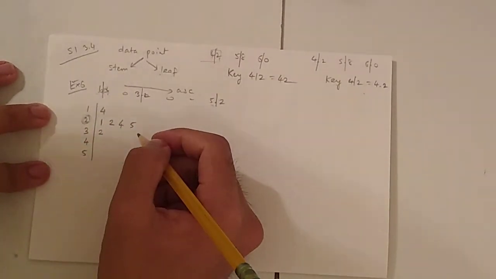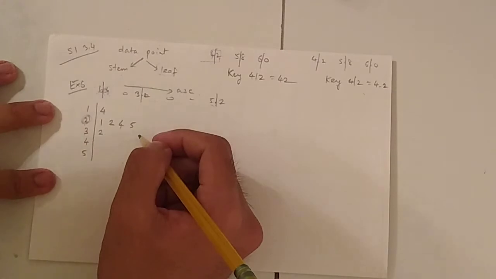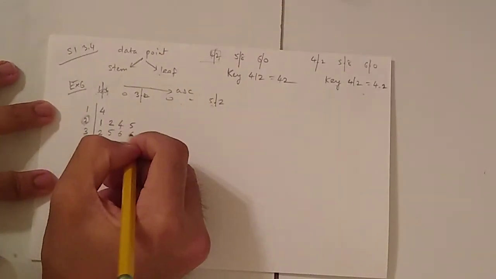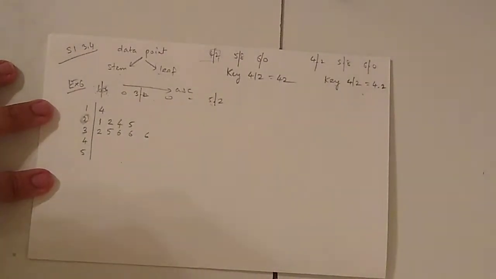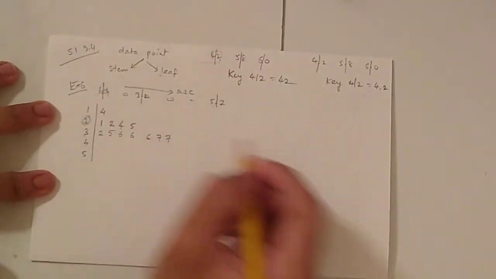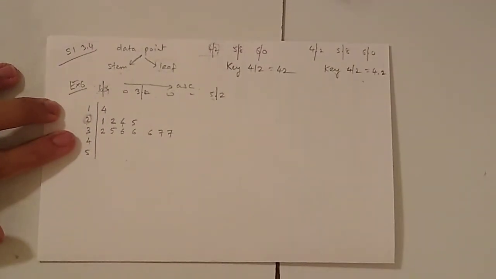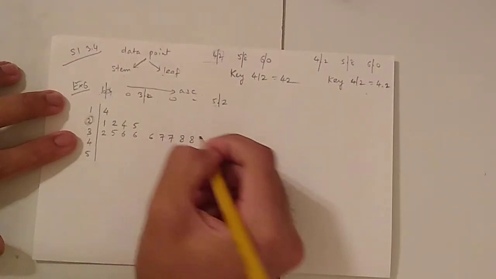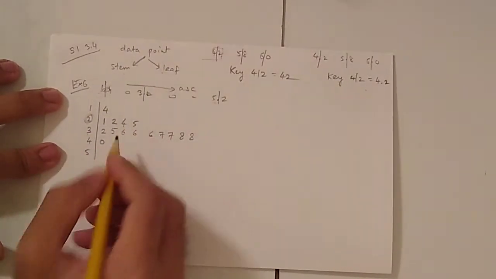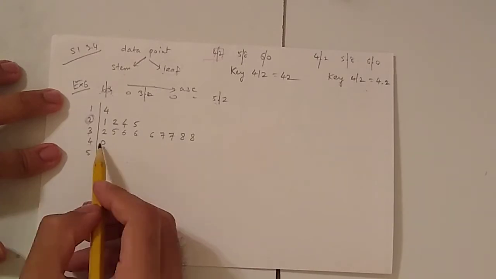Then you have 3.5, and 3.6 three times, so 3 is the stem, 6 is the leaf. Then you have 3.7, which repeats twice, and 3.8, 3.8. Then we have 4.0, where the stem is 4 and the leaf is 0.